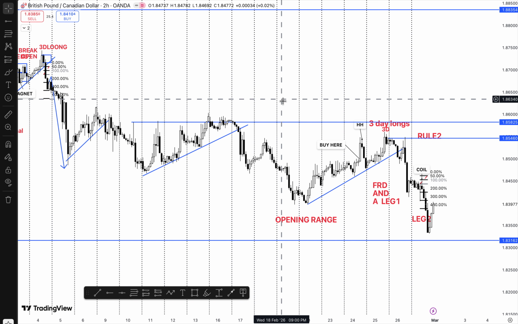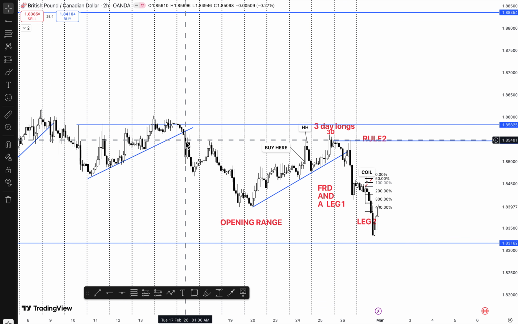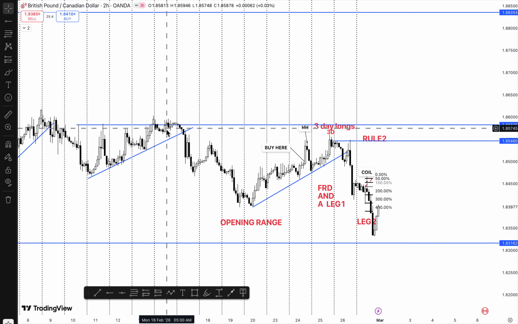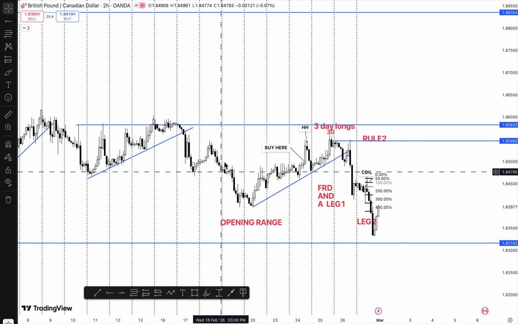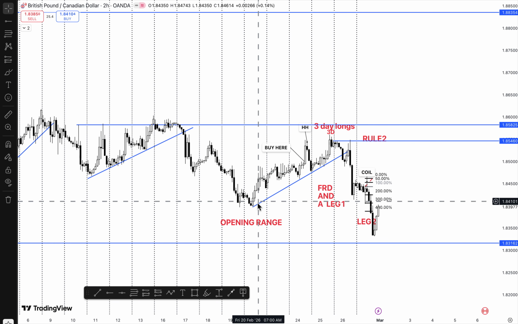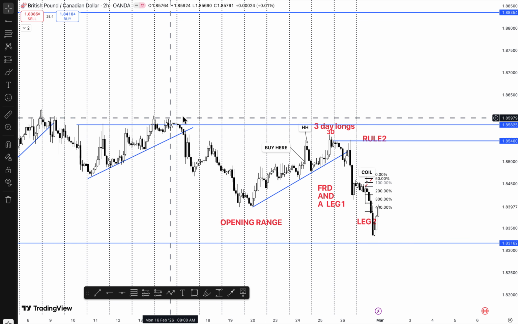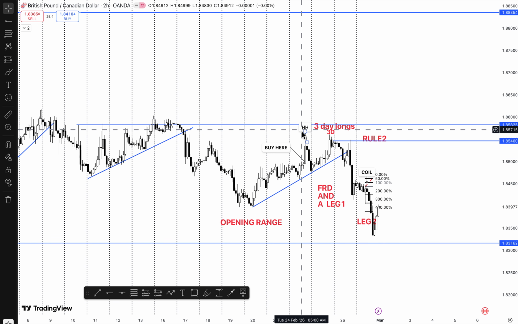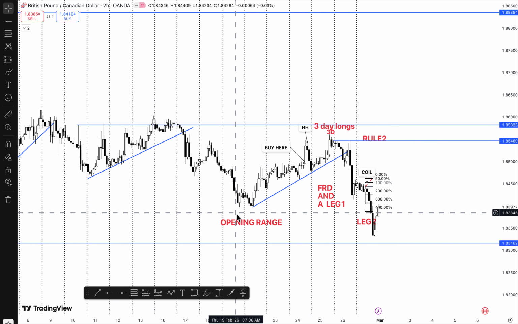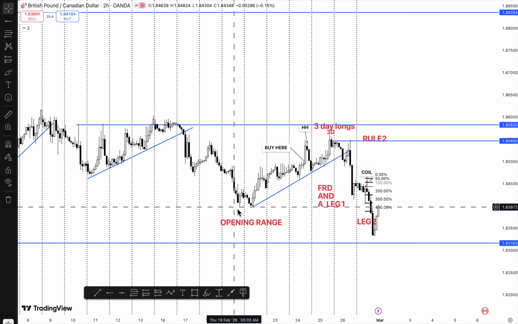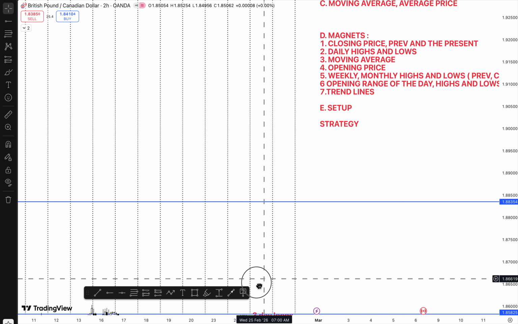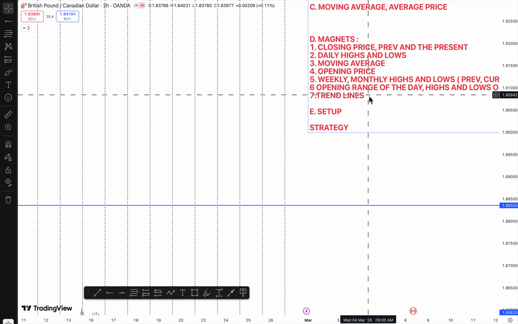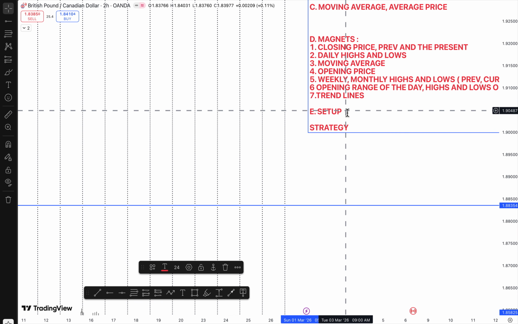So this is Monday, Tuesday, Wednesday, Thursday, reversal, day 1 short, day 2 short, day 3 short, reversal. We start from here again, the low of the week. We start counting.